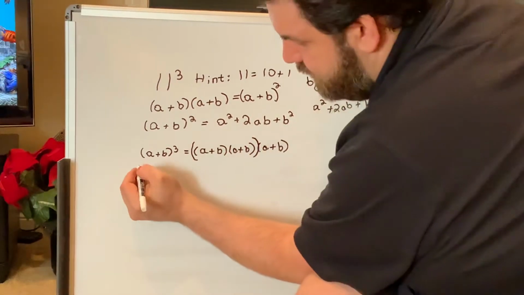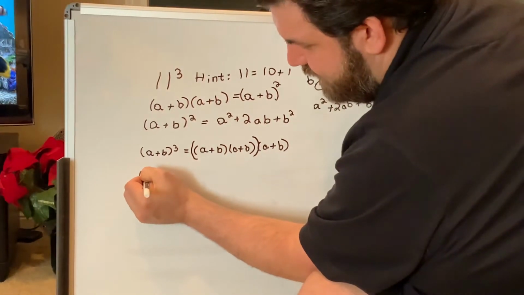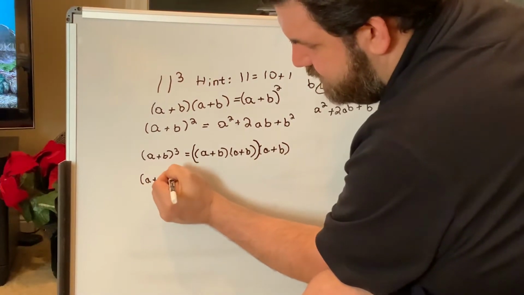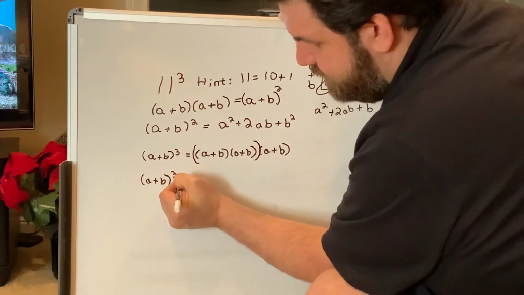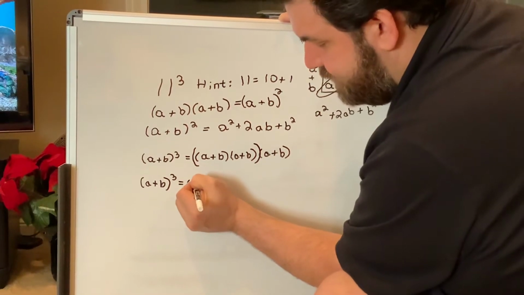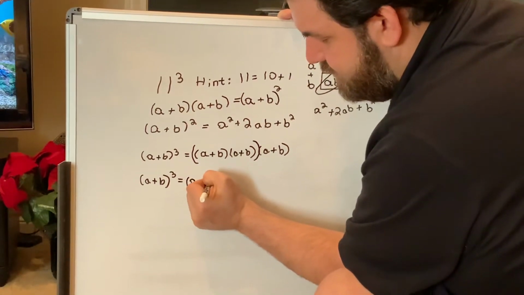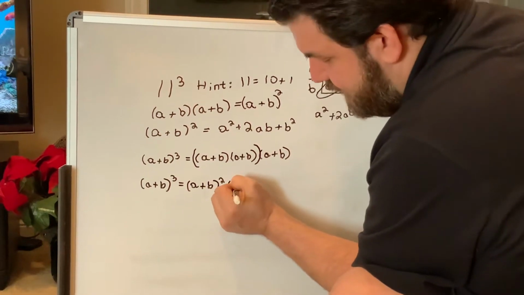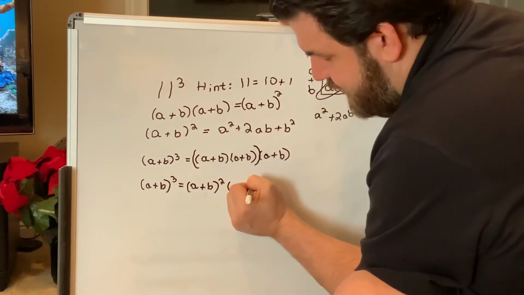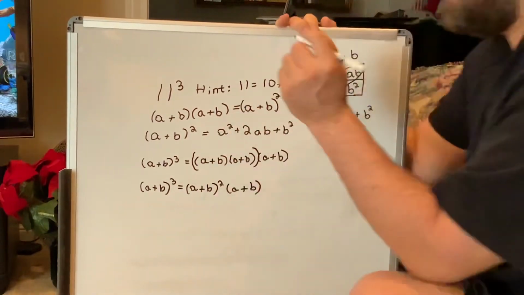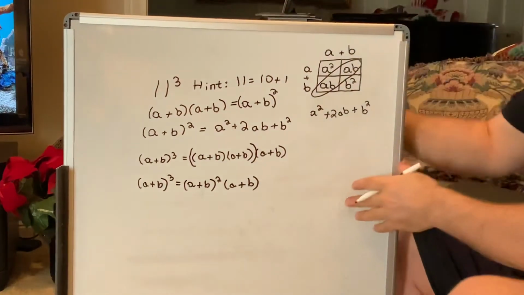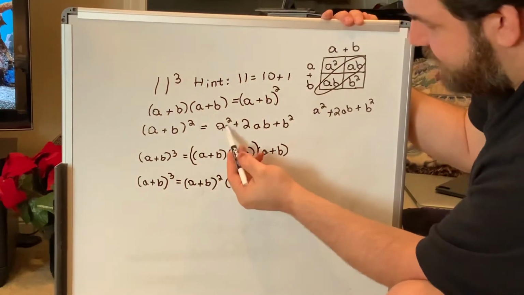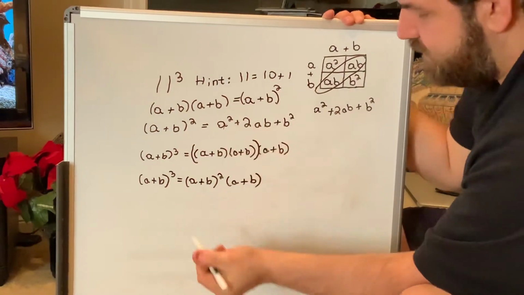So we could write this as A plus B cubed equals A plus B squared times A plus B. Now we've already learned that A plus B squared is A squared plus 2AB plus B squared.